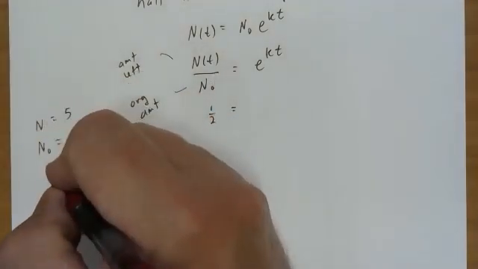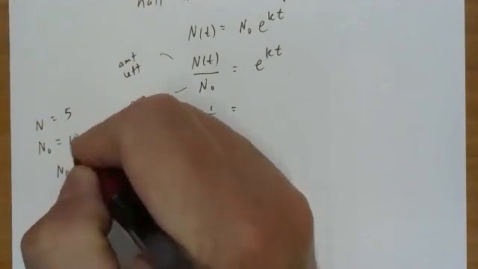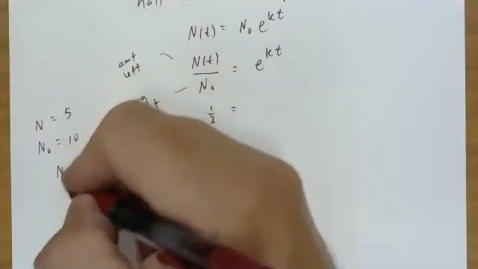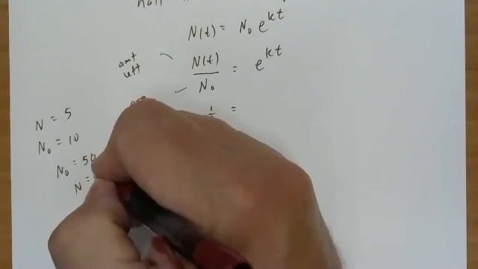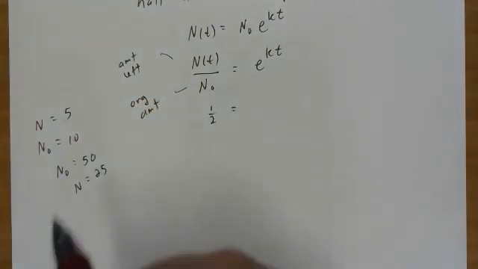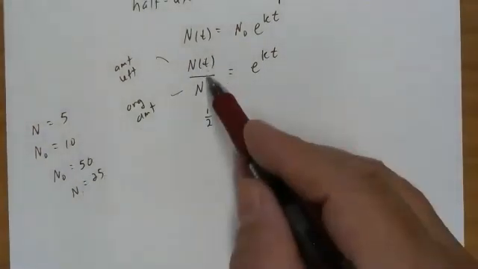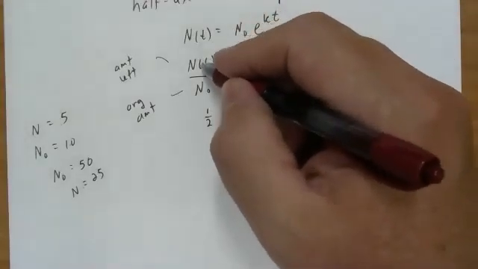It doesn't really even matter the amount. What if I started with an amount of 50, and then after the half-life, when half of it disappears, you're at 25? Then 25/50 is 1/2. So I don't even need to know these amounts.